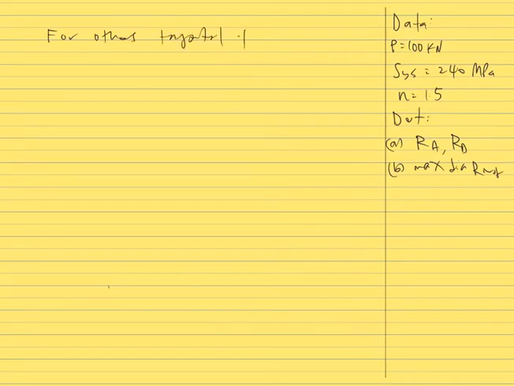Next, for the other tangential forces, we will use the ratio method, where FTA divided by RA is equal to FTB divided by RB, is equal to FTC divided by RC, is equal to FTD divided by RD.